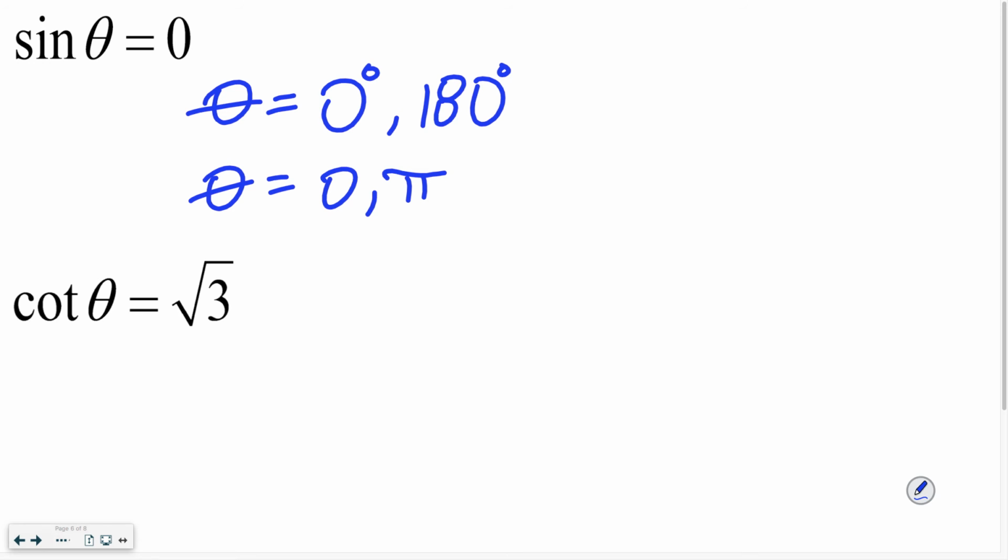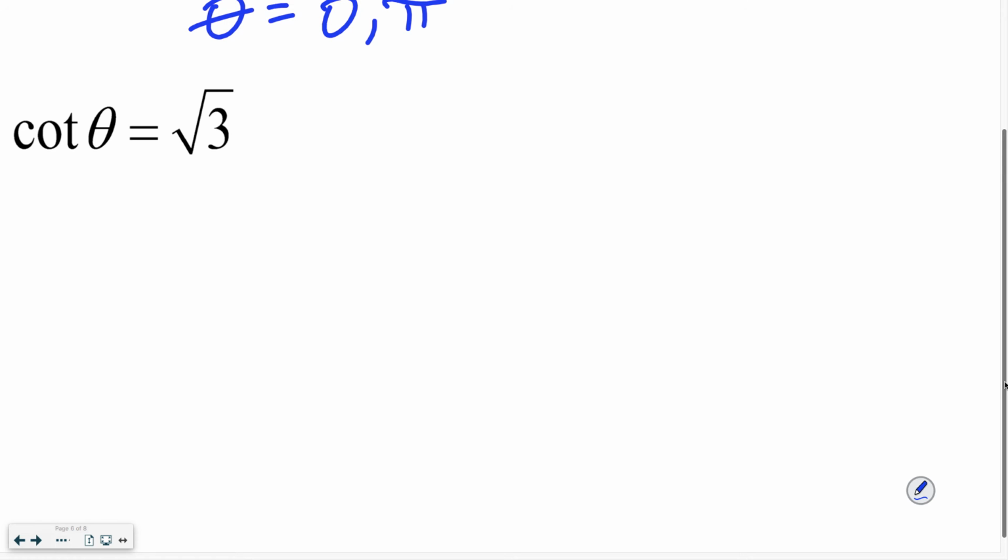But here's one that might take a little thought process for us. The cotangent of theta equals radical 3. The cotangent is one that you can really think about a lot of different ways. You can think about it as 1 over tangent. You can think about it as x over y. I'm pretty flexible what you do with it.